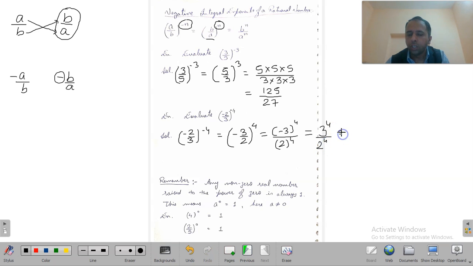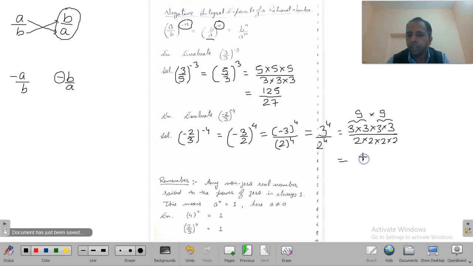So it will be 3 multiplied by 3 multiplied by 3 multiplied by 3, 4 times, upon 2 multiplied by 2 multiplied by 2 multiplied by 2. So how much is it? 3 multiplied by 3 is 9. Again 3 multiplied by 3 is 9. So 9 multiplied by 9 is 81.